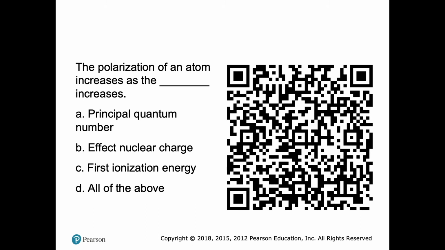Effective nuclear charge, right? So the answer here is A, because as you go down the periodic table, the principal quantum number increases, which means that the number of electrons increases, the size of the atom increases, right? And that gives you a stronger dispersion force.